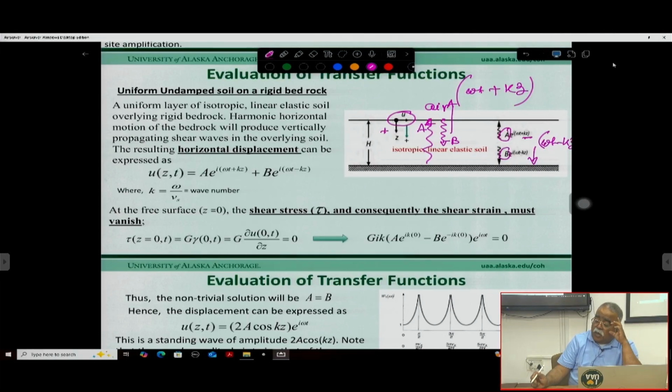So basically we are trying to calculate how much the horizontal displacement is, because we are interested in the horizontal movement, not the vertical one.